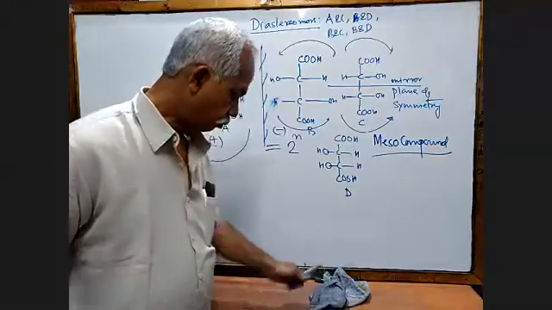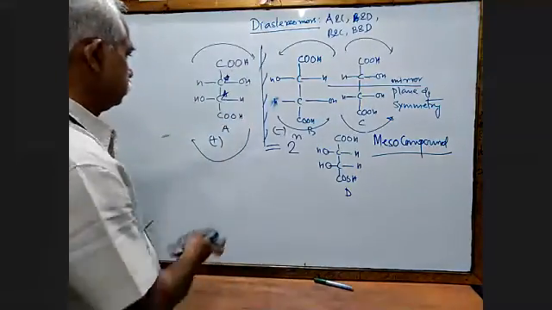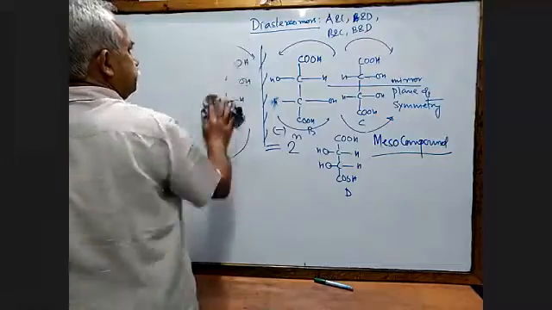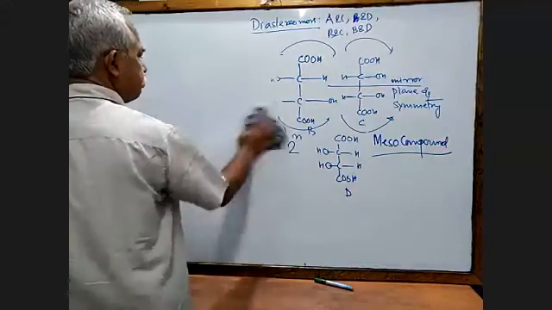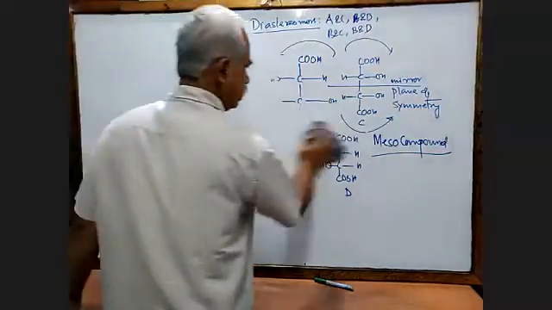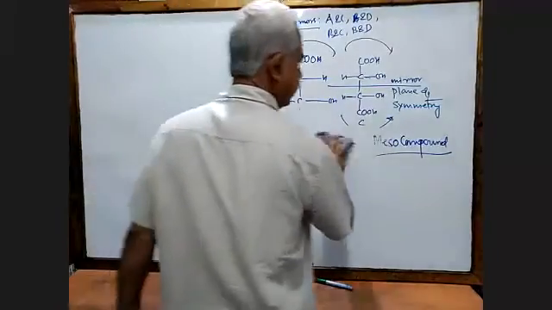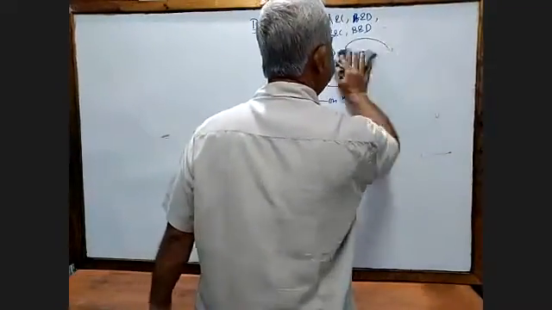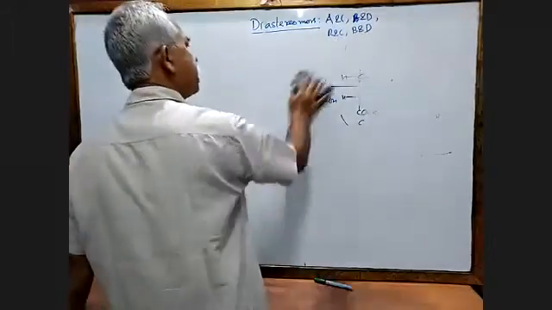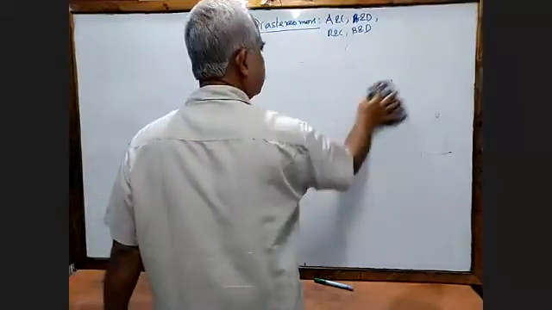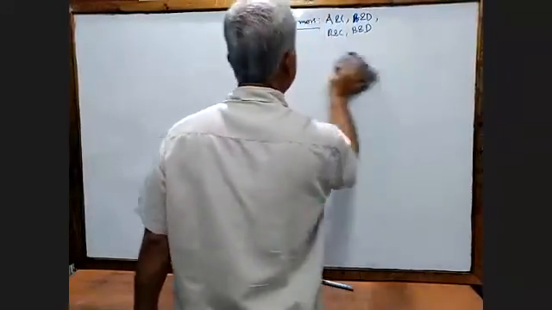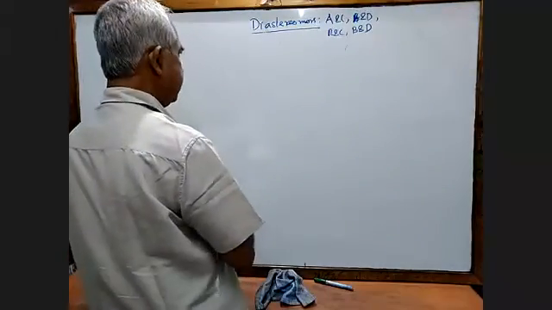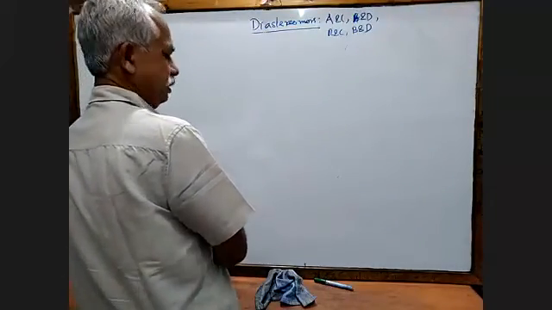So now I'm going to write one more example. And you'll find, interestingly, that this compound does not have any asymmetric carbon atom, but still it is optically active.